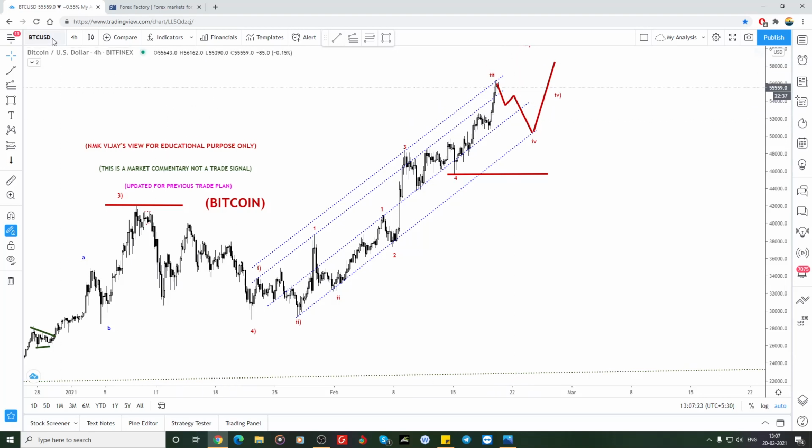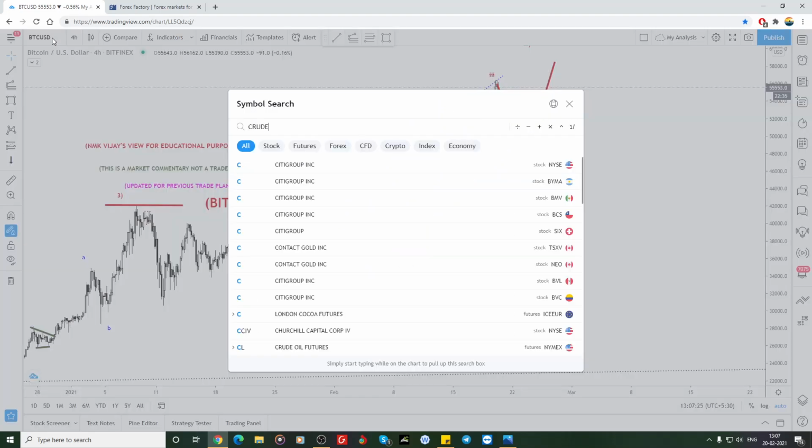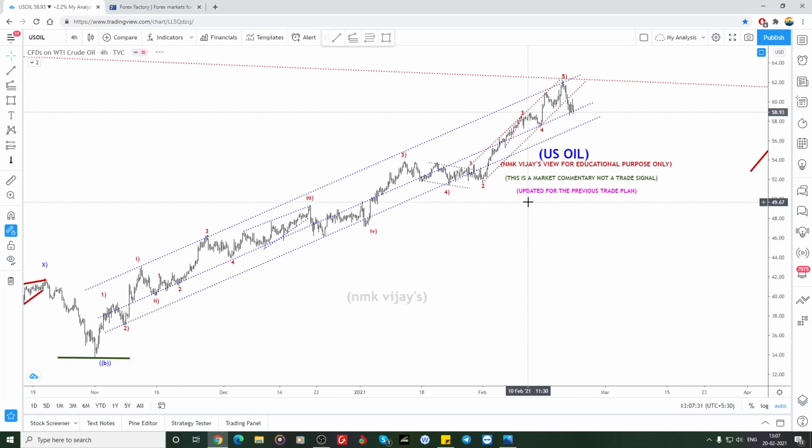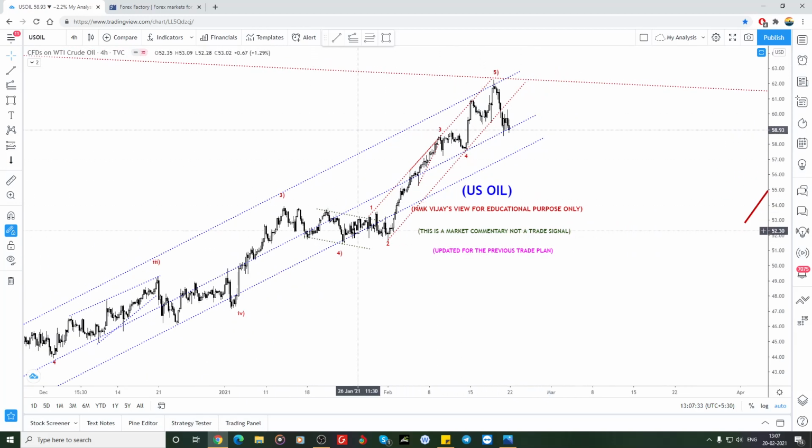So let's move on to the crude. Sorry, it's US oil. It already did that same thing. I expected 1, 2, 3, 4, 5.